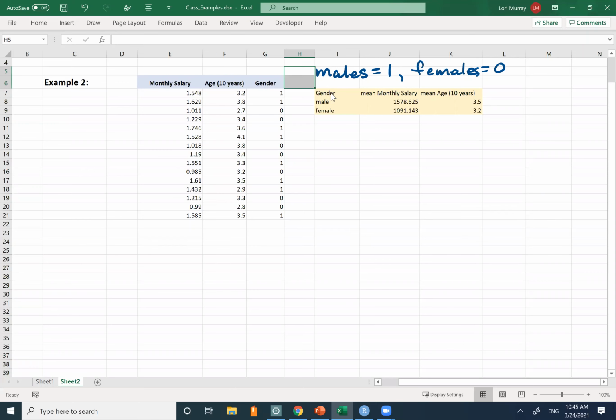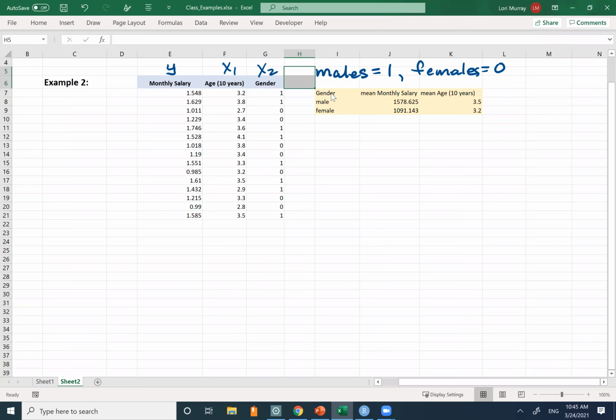Also, the dependent variable is the salary, in thousands, so the 1.548 is 1,548 for the first row. The age is by 10 years, so this would be X1, and gender is X2.